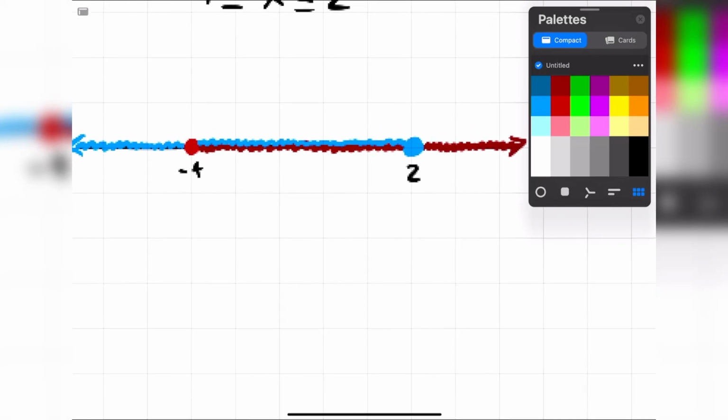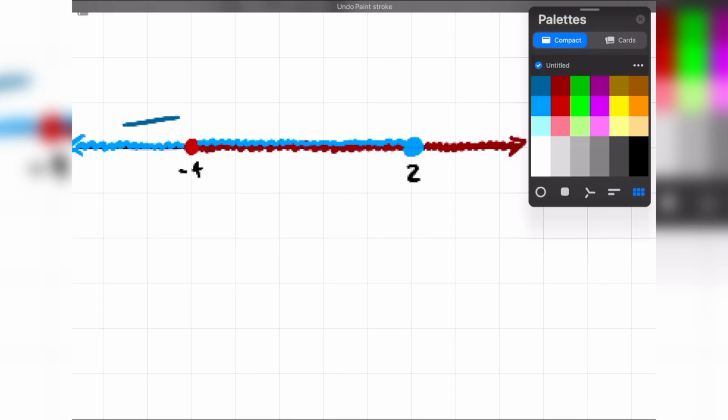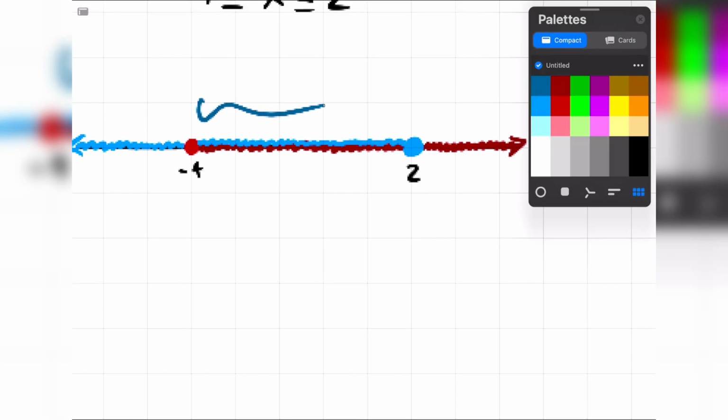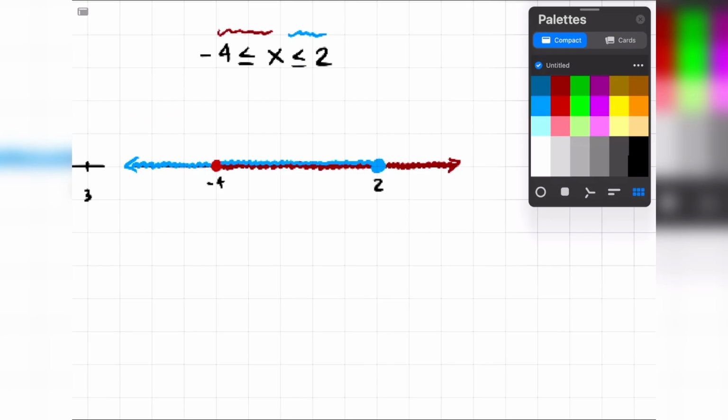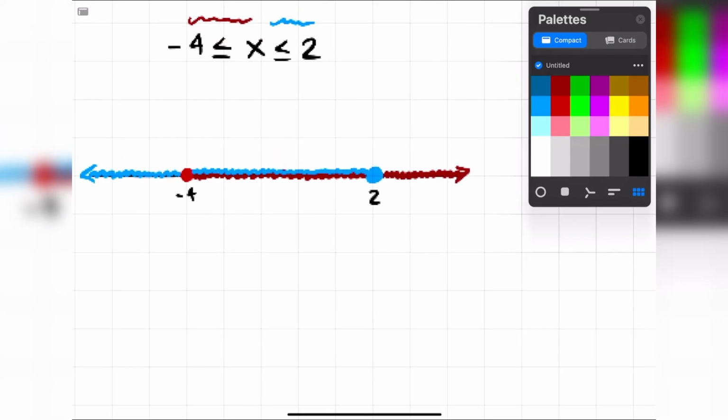Okay? On a test, typically, you wouldn't do the arrows going in each direction. So you wouldn't go past this point, you wouldn't go past this point. You would only include what's going on here. Okay? The interval notation solution for this one. There's no negative infinities on this one.